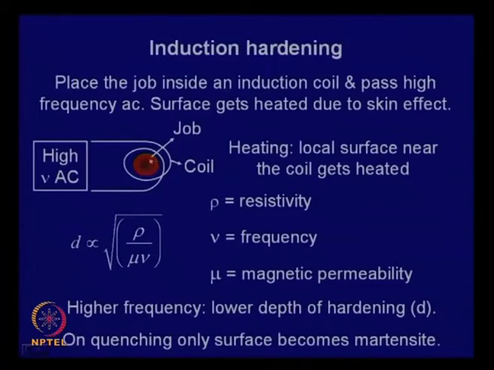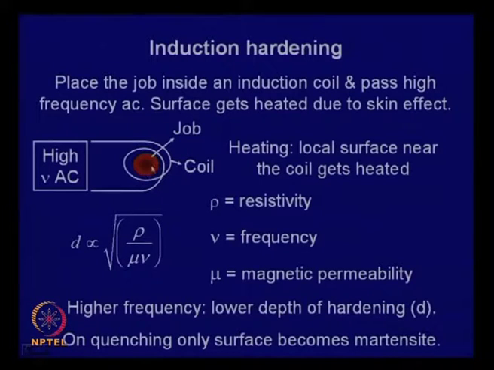In this particular slide, we have a diagram which describes this: a high frequency alternating current source, and this is the coil, and usually these coils are water cooled, and here is the job, which gets heated. We have tried to show it diagrammatically.